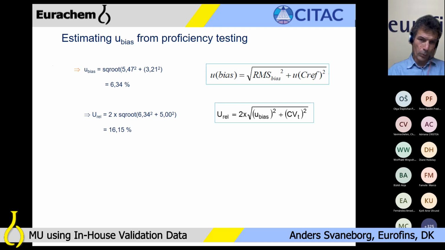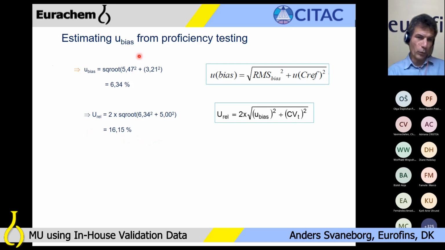And we again use the formula for calculating the overall uncertainty, now using the bias contribution from proficiency testing instead of the control sample. And we calculate the expanded measurement uncertainty here, and we see now we get 16%.